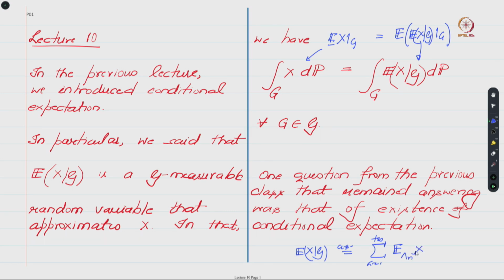So let me first recall the relation that we had written. Now the question is, why did I write almost surely equal?